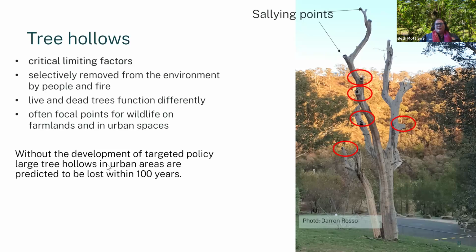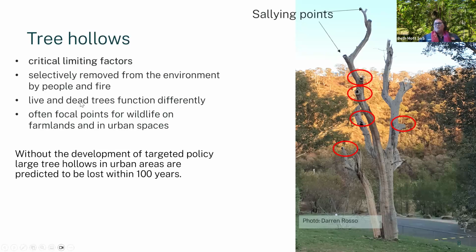So it's really important to think about where you retain those features to make sure that you're safe in what you're doing on your own patch, but also to really aim to retain as many of these features as we can to encourage all sorts of diverse wildlife to get in and use them.